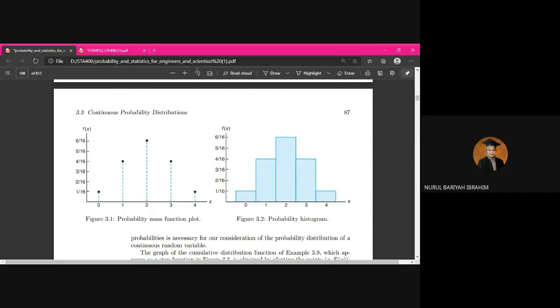Okay, just draw. So kat sini ni, ini value di sini adalah value probability of x equal to 0, probability of x equal to 1, probability of x equal to 2, probability of x equal to 3, probability of x equal to 4. So daripada table ni kita boleh tengok whether our distribution is normal or not ataupun symmetrical or not. Okay, if you can see here, it is symmetrical and normal.